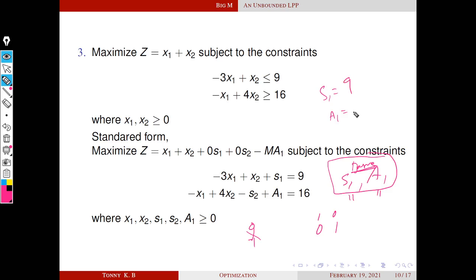What about A1? 16, because now S1 and A1, only these two variables, are basic. All other variables are non-basic. Non-basic means they are 0. Presently they are 0, so if you substitute these variables as 0, automatically S1 is 9 and A1 is 16.